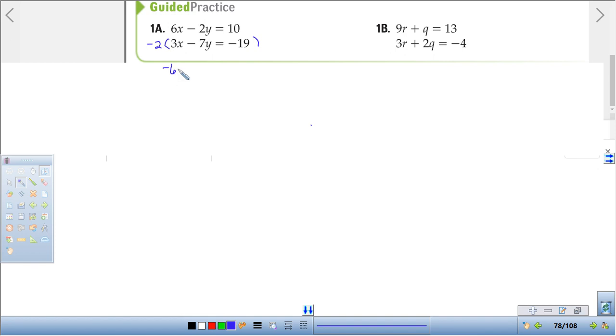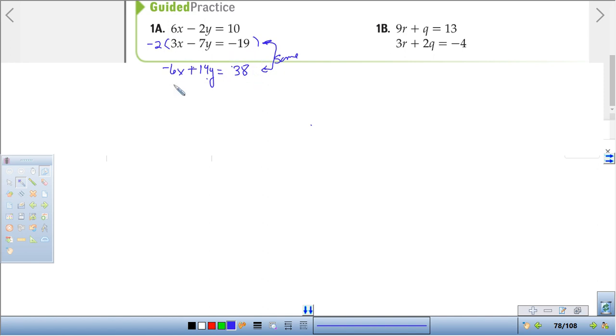That would give me a -6x minus 14y is equal to, whoa, wait, I'm messing up. This is a positive, negative times negative is positive, negative times negative is positive, and it becomes 38. Now, FYI, these two are exactly the same, so you can't substitute them back into each other.